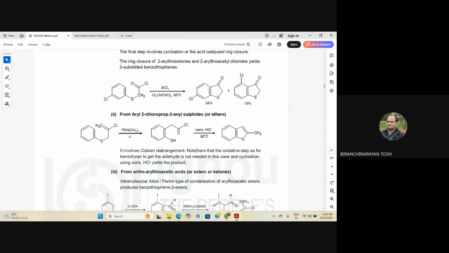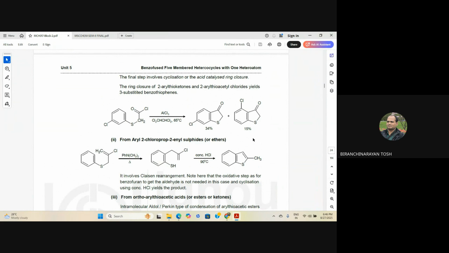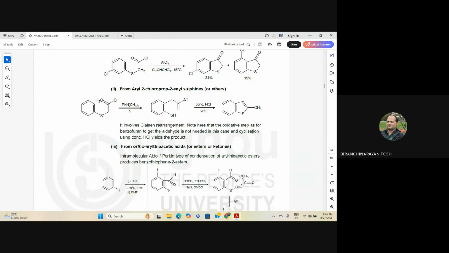Then the aryl 2-chloroprop-2-enyl sulfide, when it reacts with N,N-dimethyl aniline and is heated, produces this intermediate, which upon heating with concentrated HCl produces the desired compound, that is substituted benzothiophene.